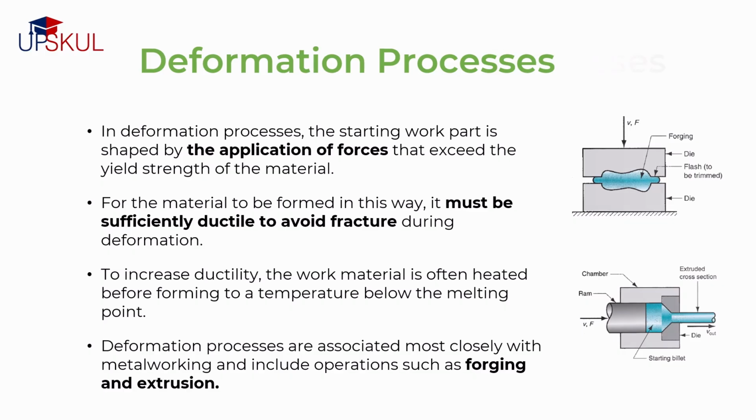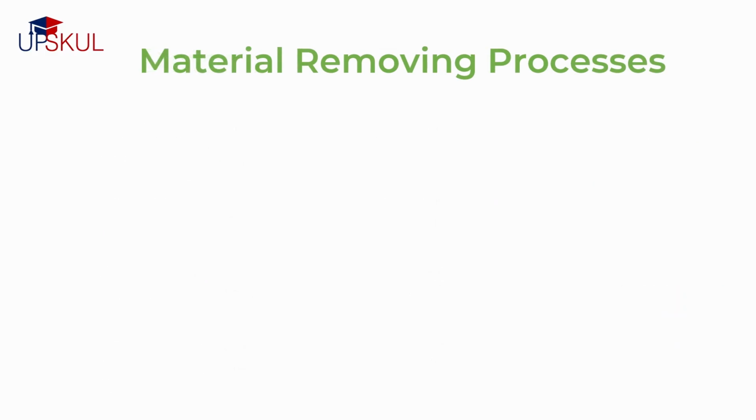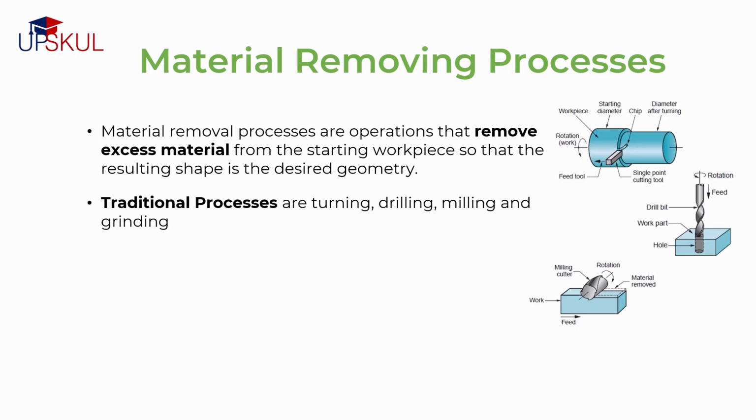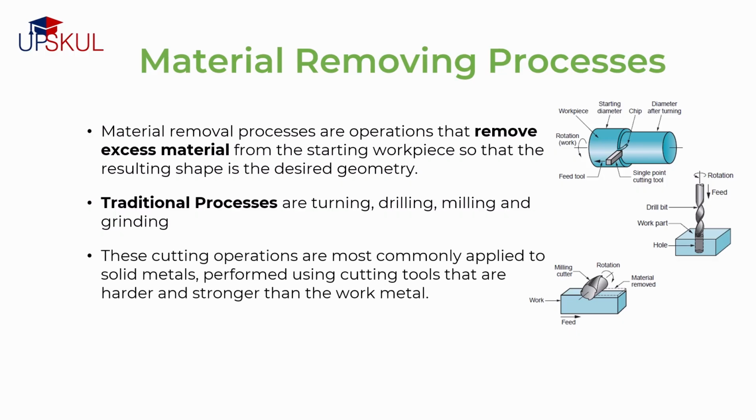Material removal processes are operations that remove excess material from the starting workpiece so that the resulting shape is the desired geometry. The most important processes in this category are machining operations such as turning, drilling, and milling. These cutting operations are most commonly applied to solid metals, performed using cutting tools that are harder and stronger than the work metal.